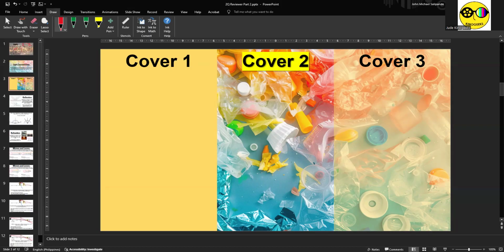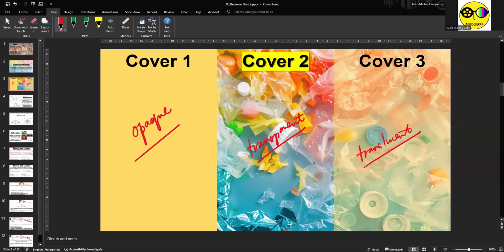So therefore, cover number 1 is considered opaque. Cover number 2 is transparent. And cover number 3 is translucent, right? Opaque objects completely absorb light. They never transmit any light. That's why hindi nyo na makita yung plastic sa likod ng cover. Transparent objects like cover number 2 completely transmit and never absorb any light.